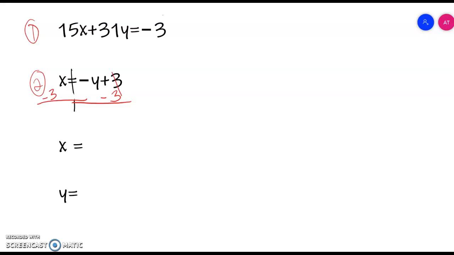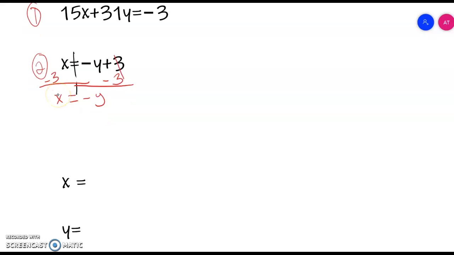Now what I'm left with is negative y equals x minus 3, because this x is positive. So what's the last step? The y is not by itself, there's a negative 1 right there. So what I need to do is divide everything by negative 1.